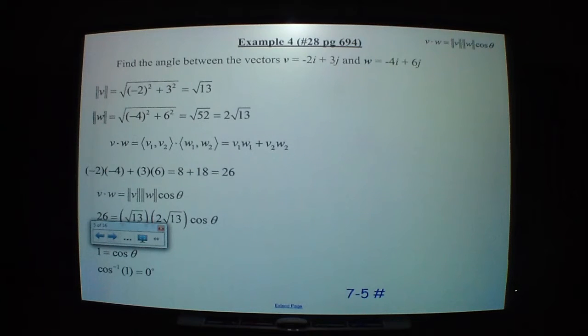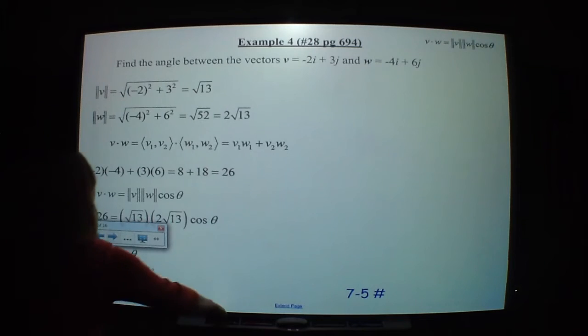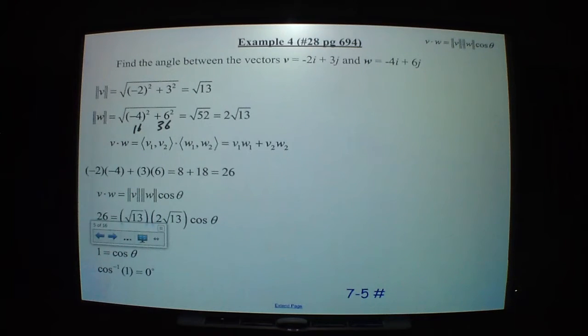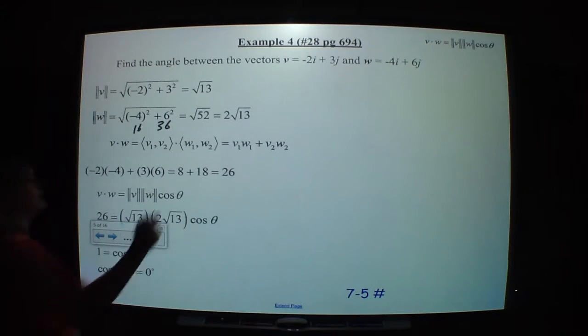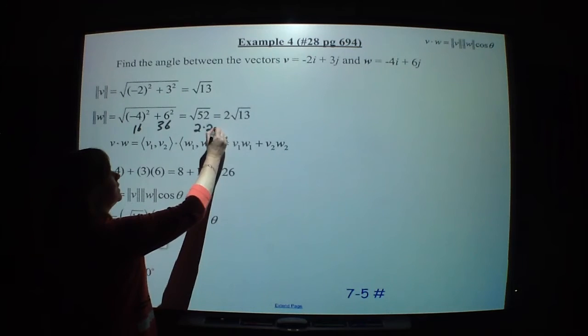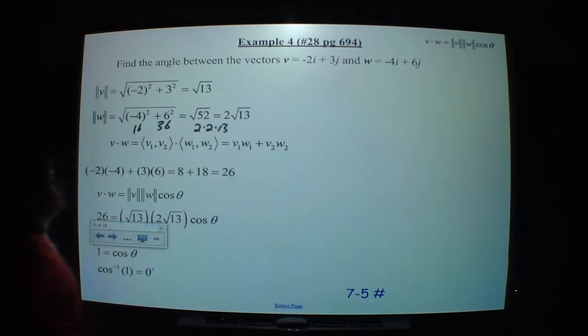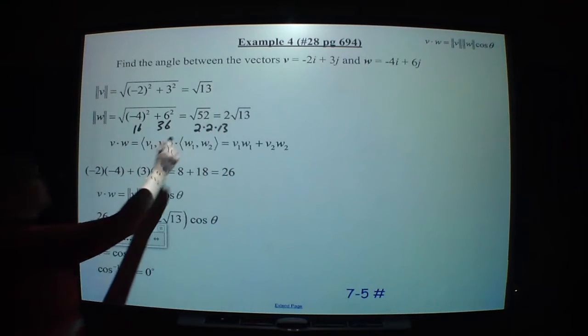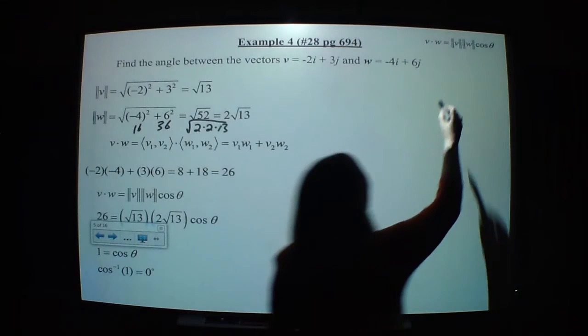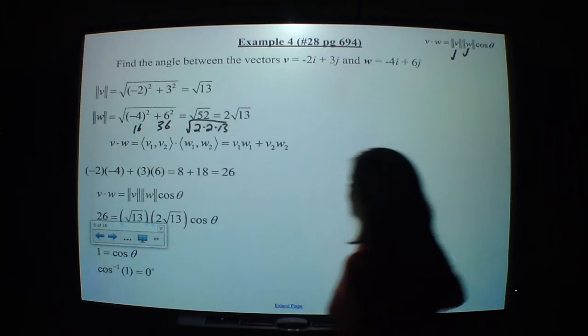If you need to see the work out, there it is, 52. And 52 you can think of as 2 times 26, or 2 times 2 times 13. That's why it simplifies to 2 radical 13. So now I have the magnitudes for the formula.